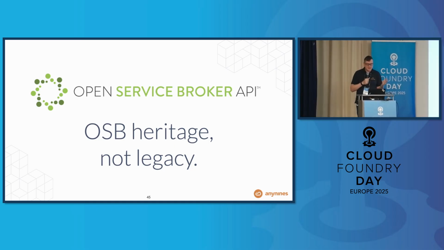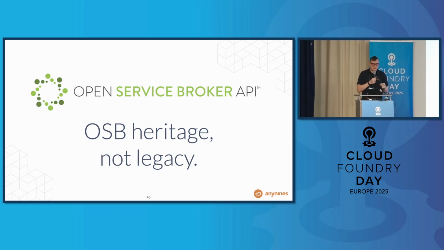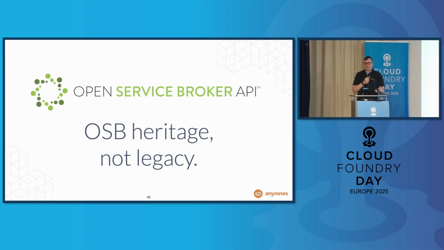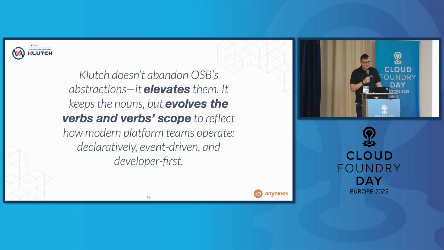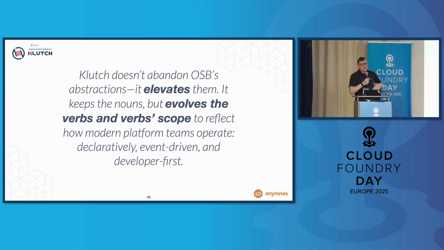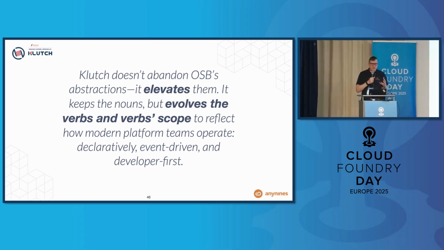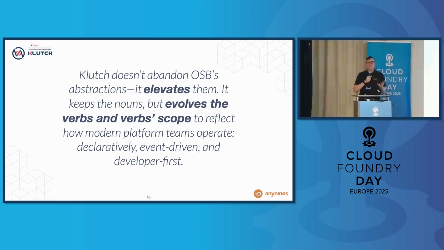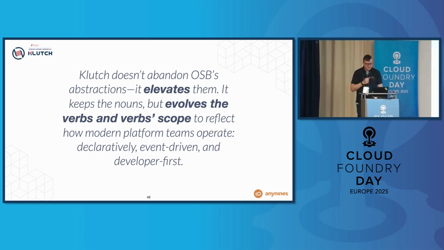We don't see it as legacy, but obviously the Open Service Broker API as it is does not translate well into the Kubernetes ecosystem, because otherwise there would have been more adoption by this point. But we don't abandon these abstractions. We try to elevate them. We try to think about, hey, what do we actually have to change in the Open Service Broker API to make them viable in the Kubernetes ecosystem?